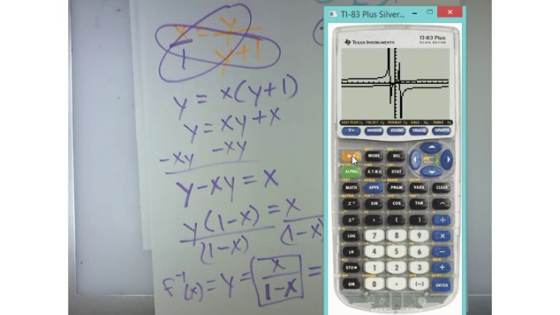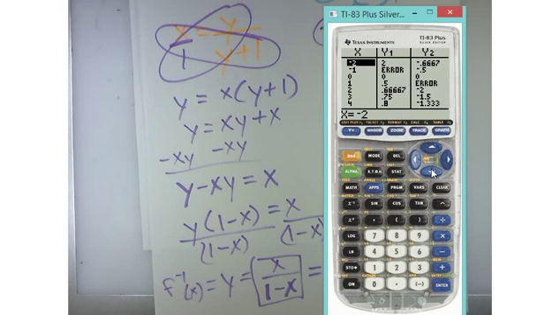Now here's an interesting thing. If I look at my table of values, it's a little tricky. Did I plug that in right?